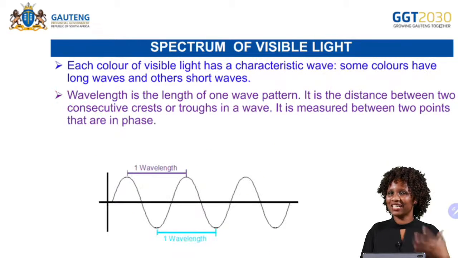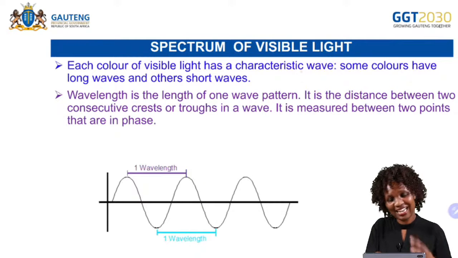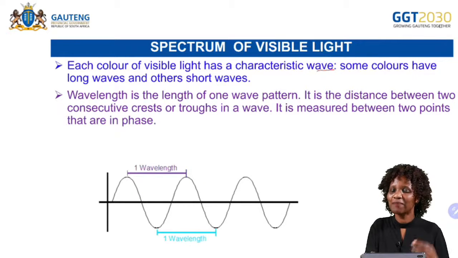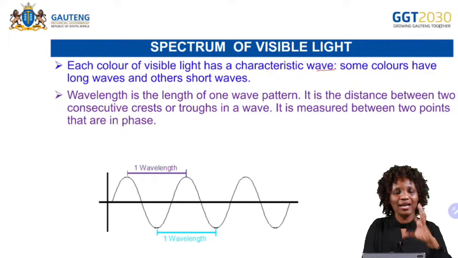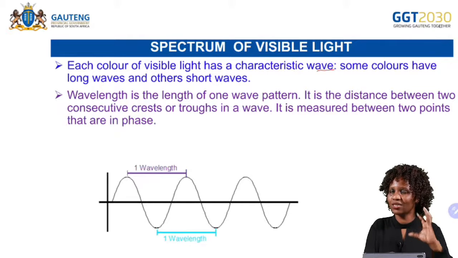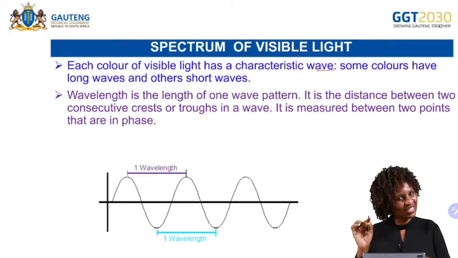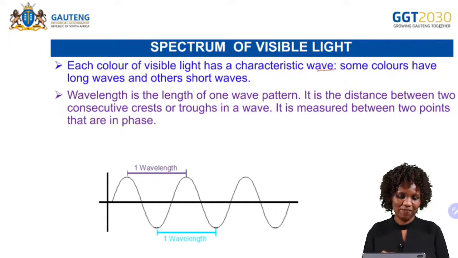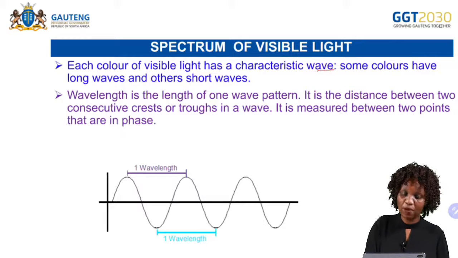And then the spectrum of visible light. Each color of visible light has a what? A characteristic wave. Some colors have long waves and others short waves. Remember we said red has got the longest wavelength, and violet has got the shortest wavelength. Wavelength is the length of one wave pattern.